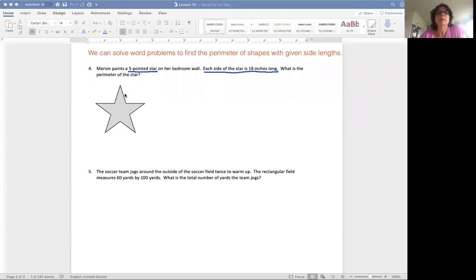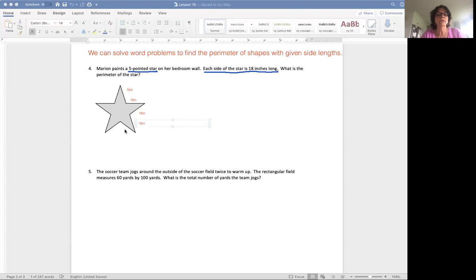As I label them, I'm going to count how many sides I actually have. Here's my first one, 18 inches. I hope you can see that, boys and girls. Then there's another one here, 18 inches. That's 2 so far. There's another one. Like I said, write small, because if you don't, you might get confused about how many sides you have.